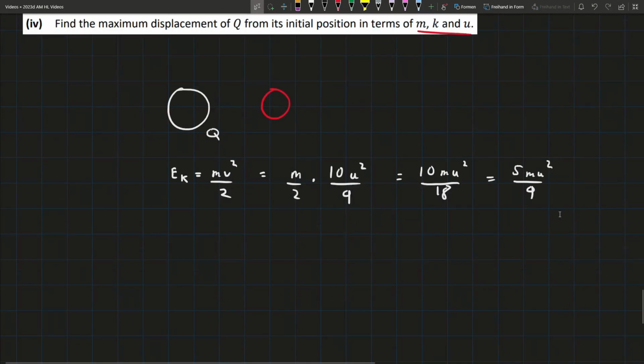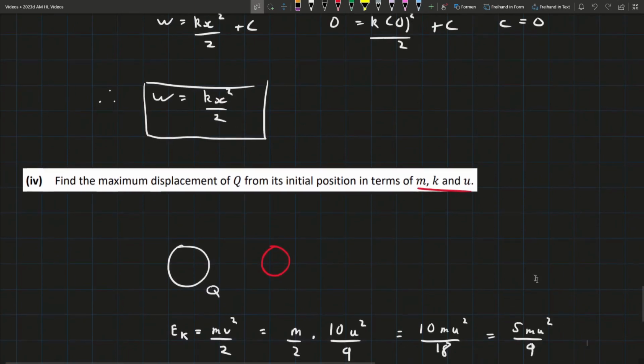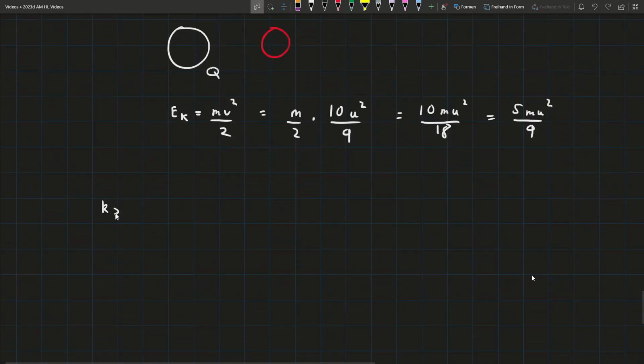And of course, when it stops, it's at the furthest point away, and then it starts going back. So we want to let the work done by this equal to this. We want kx squared over 2 to be equal to 5 mu squared over 9. We want that much work to be done. And then we're looking for the maximum displacement, so we'll just solve for x.